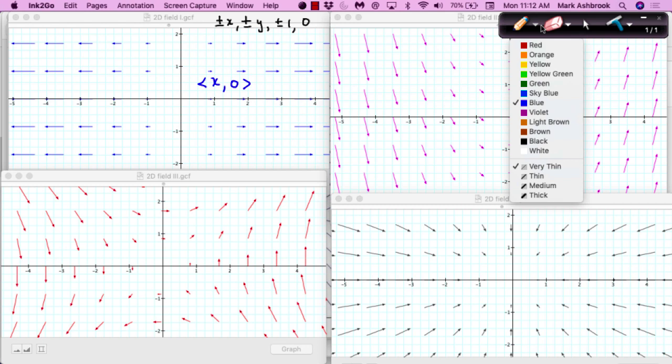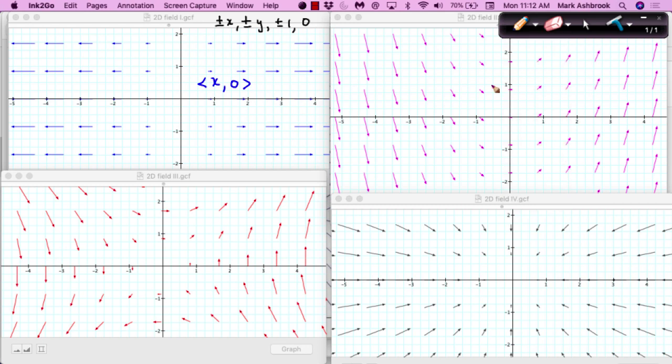Let's see here. I got something pinkish, violet, okay. So here we go, this one. Cooper, did you get this one? I said 1, x. 1, x. And I see some nods. Okay, good. So why 1, x? All the vectors have the same x component. Yeah, constant to the right.